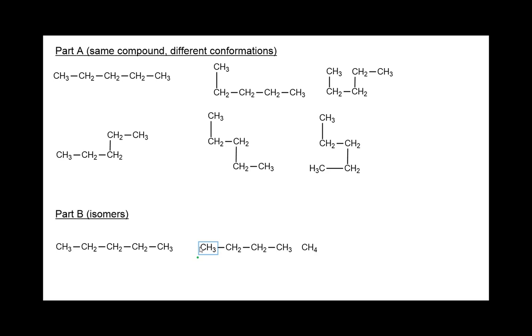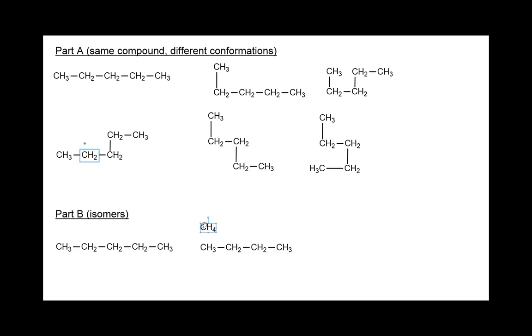So now I still have my 5 carbons. Let me move this. I can't move it to the first carbon, because if I did, I'd just end up with that top structure right there, and we already saw that's the same molecule. So can't do that.